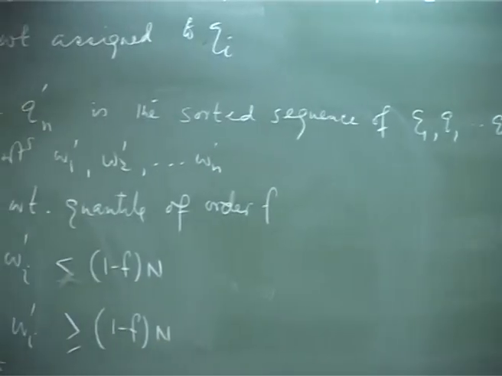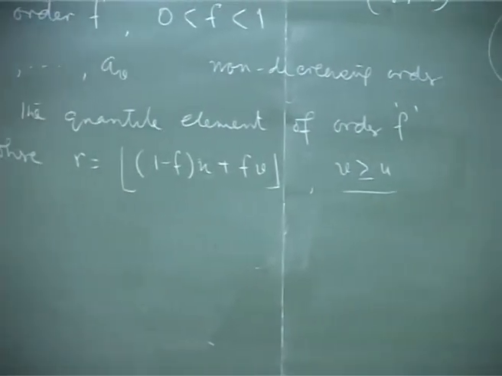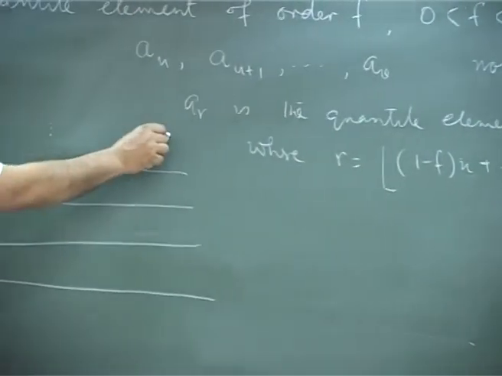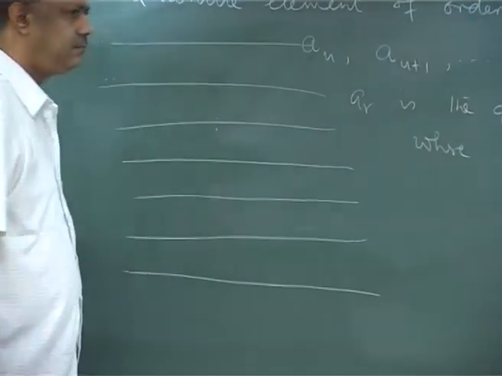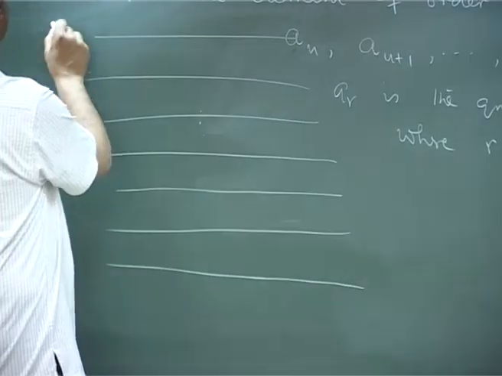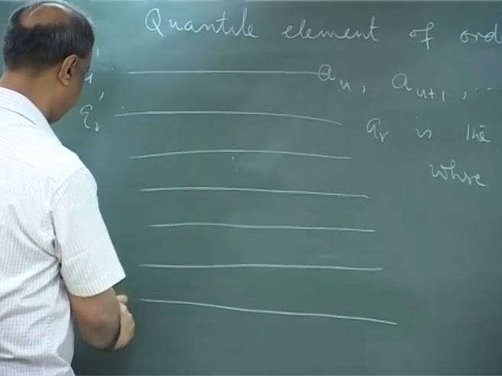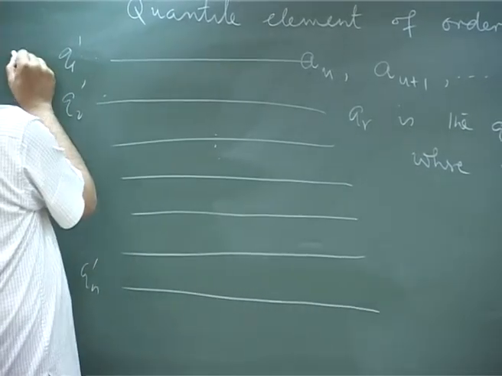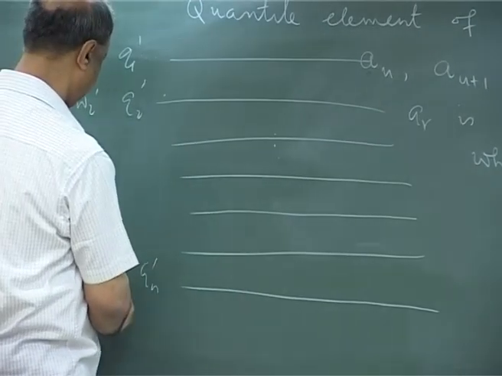Now you think about this, you have Q1 dash, Q2 dash, Qn dash, and weights W1 dash, W2 dash, Wn dash.